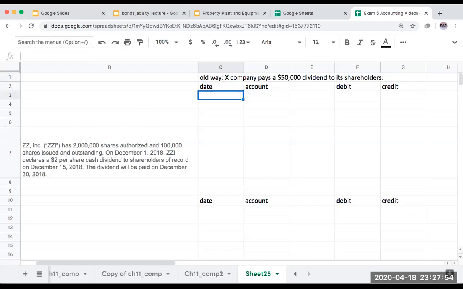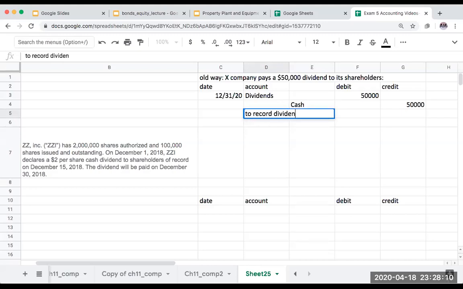The way this would happen is we would just do it, say, on December 31st, I would debit dividends and credit cash. So this is the old way that we would do it. This is really when we're going through initially and having you learn accounting. This is by far the easiest way to go through.